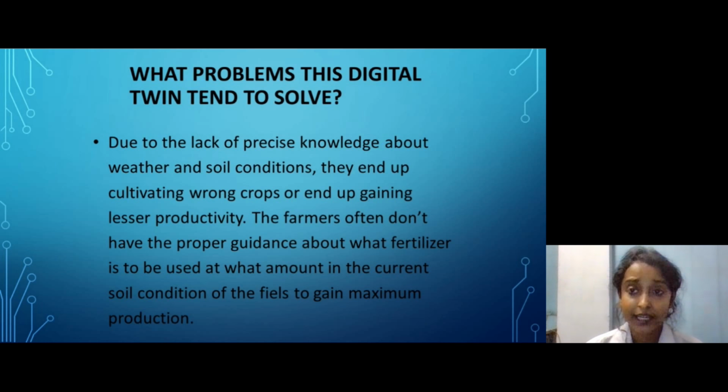Consequently, this results in a lot of wastage, and the economic, financial, as well as personal life of the farmers are disrupted. They end up committing suicide because the yield of crop is really less. So this digital twin can be utilized so that they can maximize their crop production based on the fertilizers that the digital twin will suggest given the condition of nutrients in the soil.